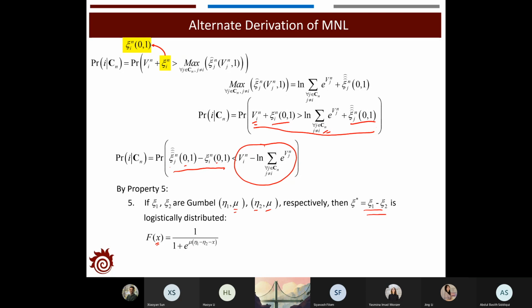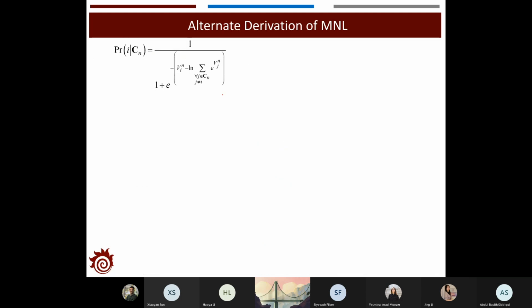Then you can quickly derive the formula for the probability of choosing mode i. That gives you the result that the probability is 1 divided by 1 plus exponential of minus vi plus ln of the summation of the exponential of vj, and you can do some further expansion of the components below.